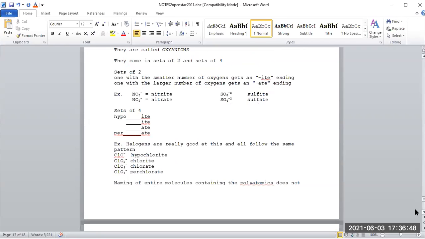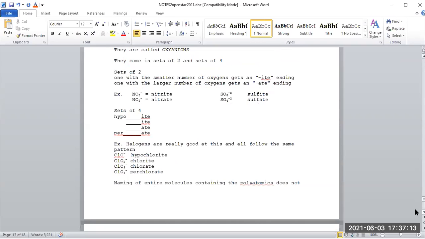Hypochlorite, ClO minus. ClO2 minus is just chlorite without the hypo part. Chlorate has ClO3, and perchlorate is ClO4. Note, every single one of those has the same charge.